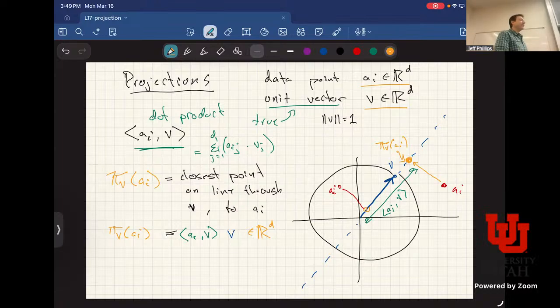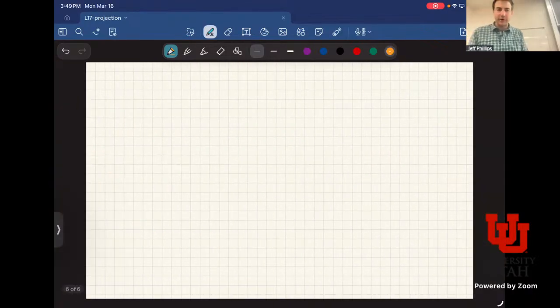But before we get into that, let's go to the multi-dimensional projection setting, and then we'll think about this a bit more.